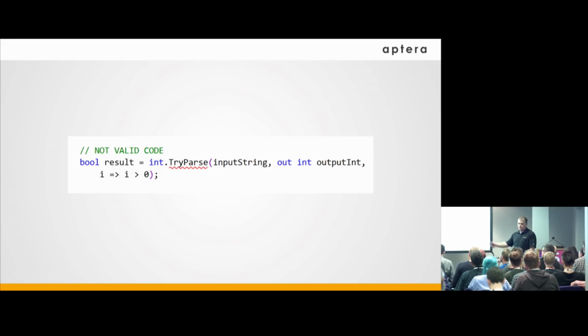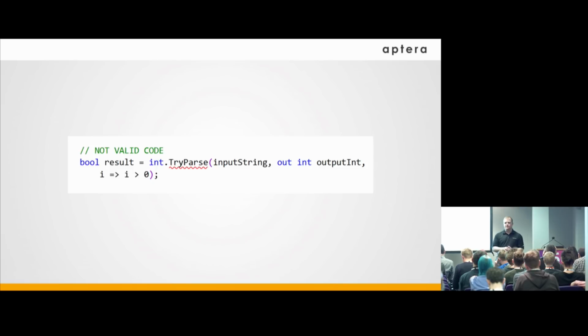One way you can think of it, and let me preface this by saying this is not valid code, but you could think of it kind of like a TryParse if you could also pass in a lambda. Because a TryParse will evaluate the input, and if it's valid, assign a variable, which in this case is the output variable. But it also does the selection.